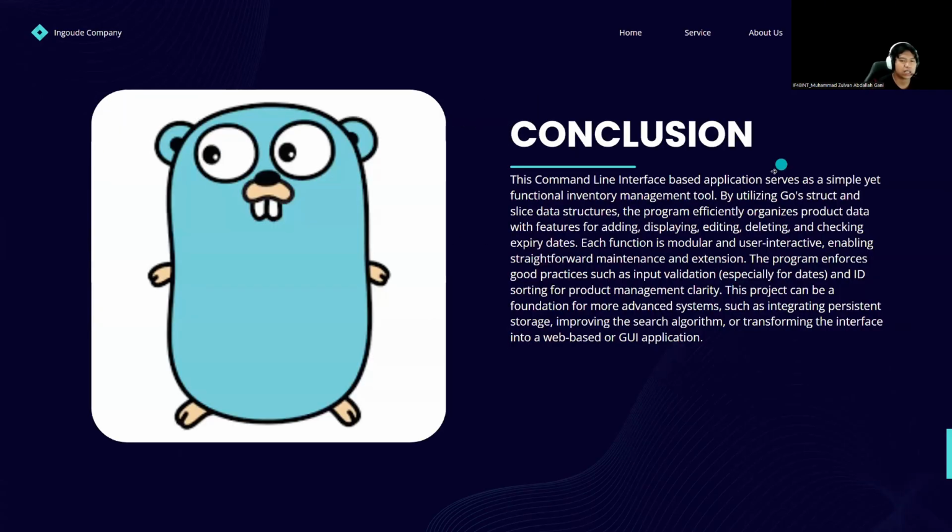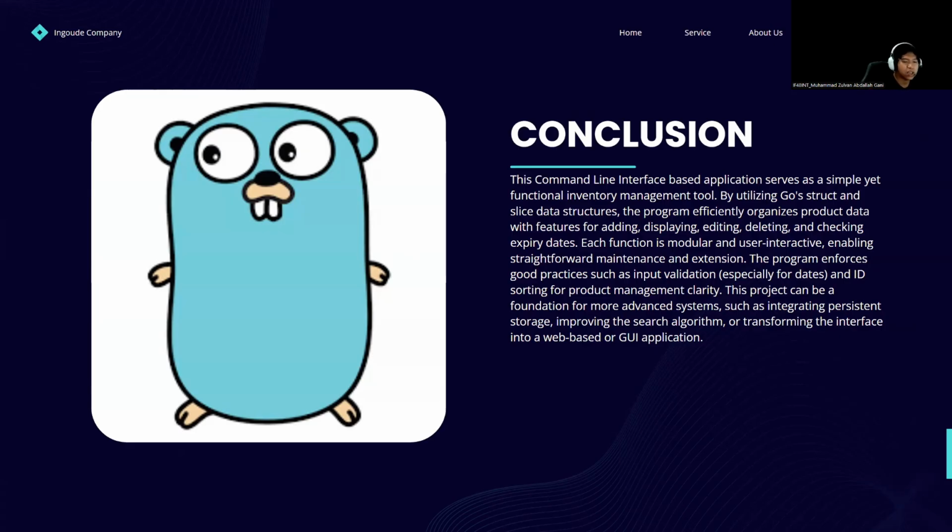So the conclusion is this command line interface based application serves as a simple yet functional inventory management tool by utilizing Go's struct and slice data structures. The program efficiently organizes product data with functions for adding, displaying, editing, deleting, and checking expiry date.